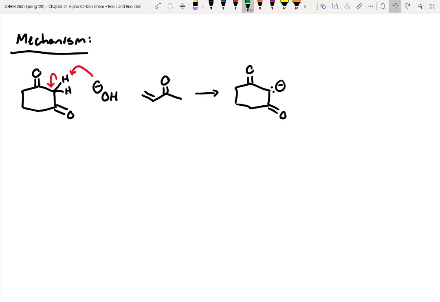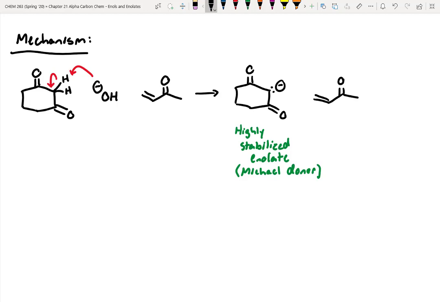So when we do that, we're going to create this highly stabilized enolate. Let's make a note: this is just referred to as our Michael donor. And we also are going to have our unreacted alpha-beta unsaturated ketone in solution along with our water.